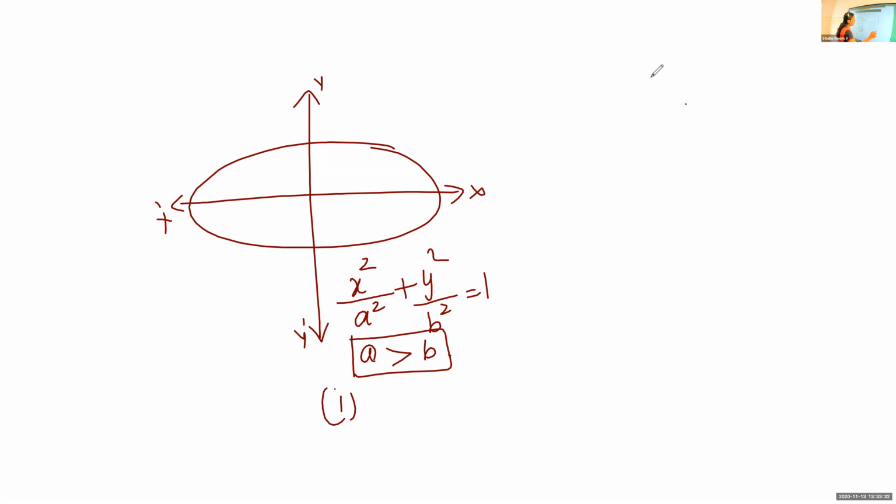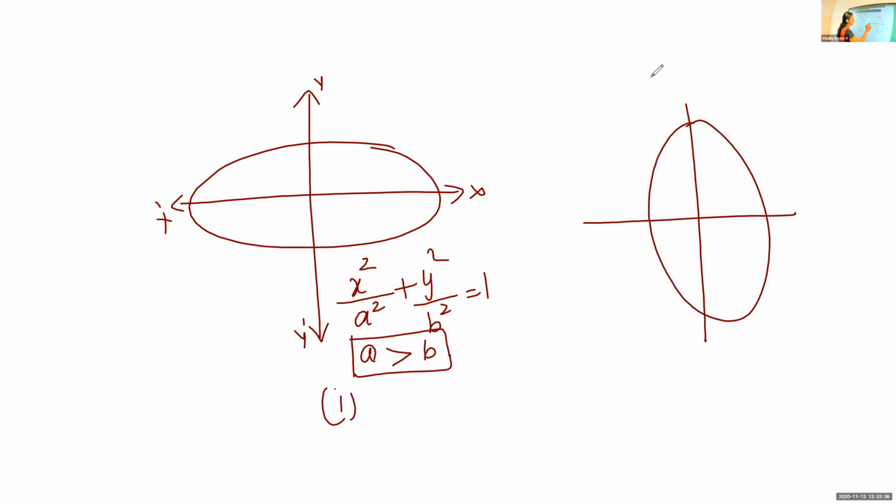The second form is, the major axis lies along the y-axis and the minor axis is the x-axis. So here x square by b square plus y square by a square is equal to 1.